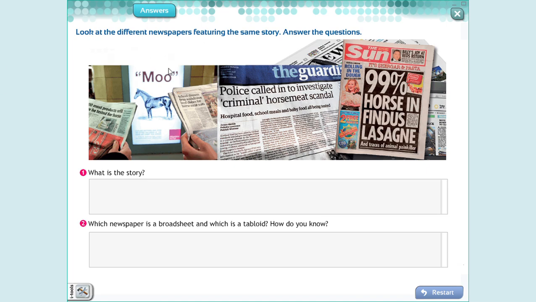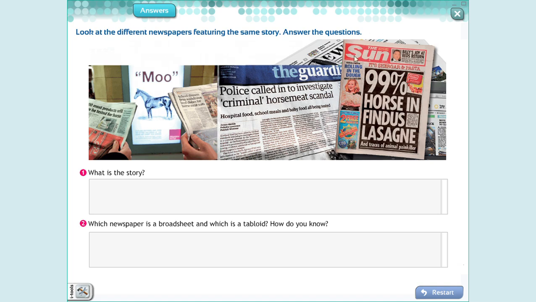As you can see, we have these 3 different pictures, and the 3 of them are talking about the same topic, the same news. So for that reason, you have to answer this. Where is the story? And you have to describe it here. Which newspaper is broadsheet and which is a tabloid? How do you know?